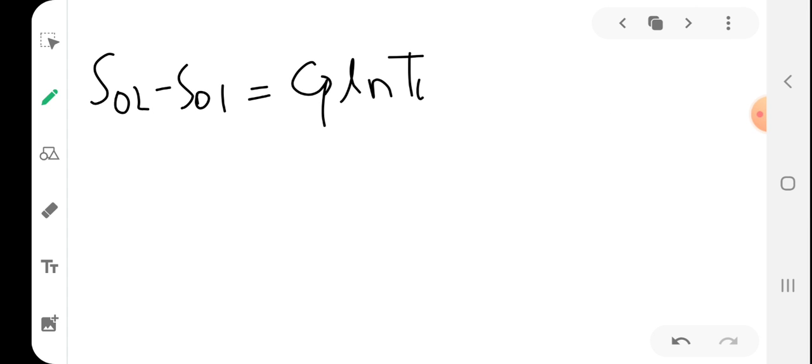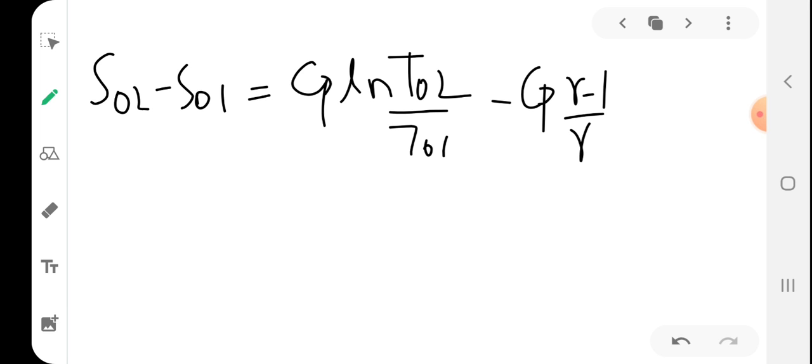So substituting, you will get S02 minus S01 as Cp log T02 by T01 minus Cp gamma minus 1 by gamma log P02 by P01, right?